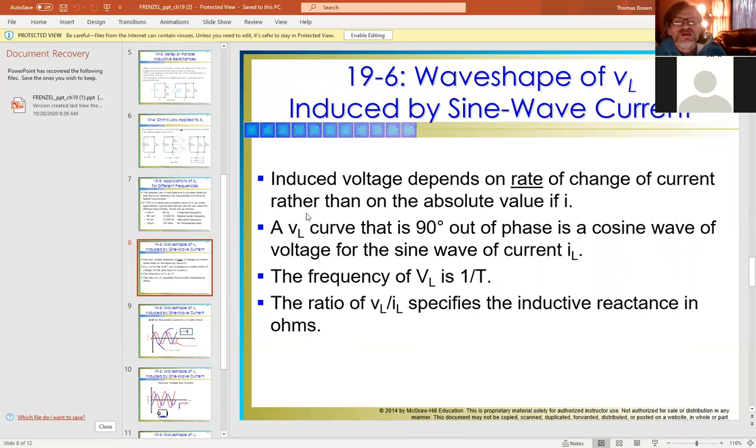But anyway, if we were to look at an inductive voltage curve that is 90 degrees out of phase, it's a cosine wave again, which should be a familiar term for us. Now remember, X of C had a negative 90 degrees out of phase, right? So this one has a positive 90 degrees.